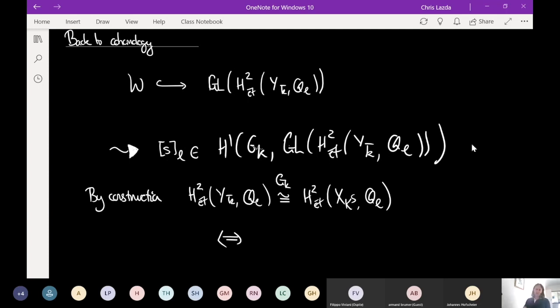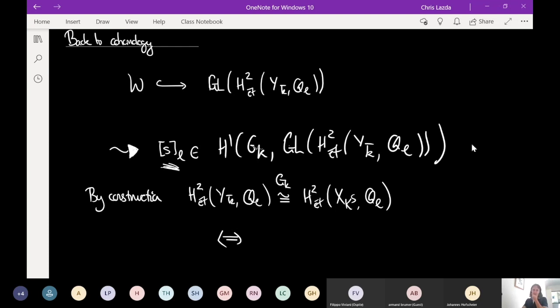And again, if you go back to how we constructed this, this cohomology class essentially measures the difference between the Galois actions on H2 of the generic fiber and H2 of the special fiber, right? It was defined by the failure of commutativity of the diagram that you got by comparing the two actions.